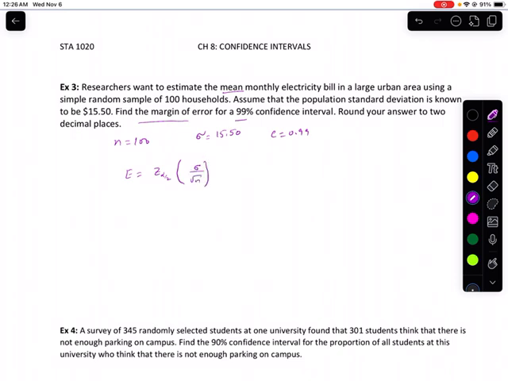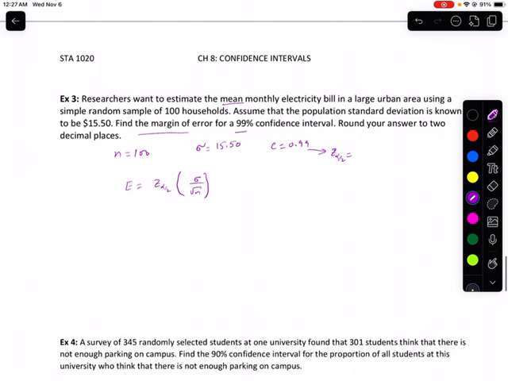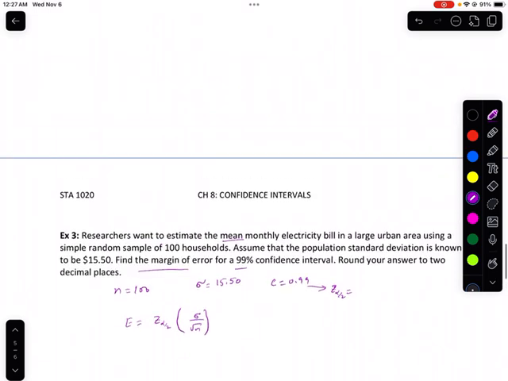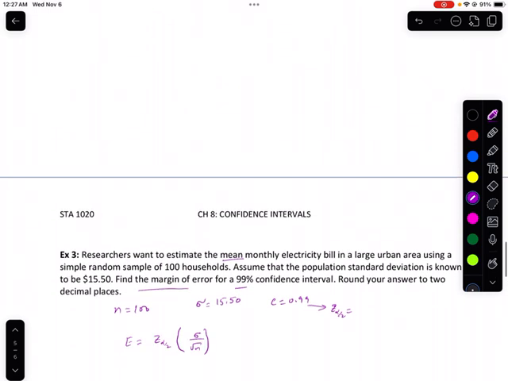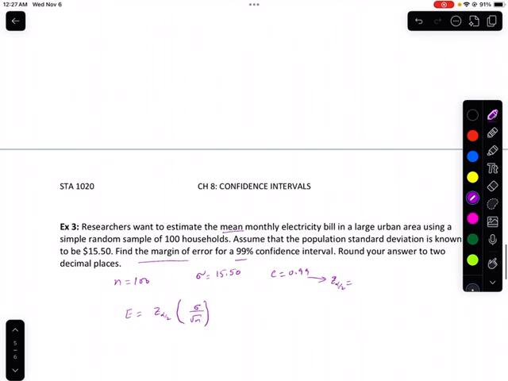So how do you find Z alpha over 2? Immediately from here you can say Z alpha over 2 equals, and we look up the small table. So alpha will be 0.01.